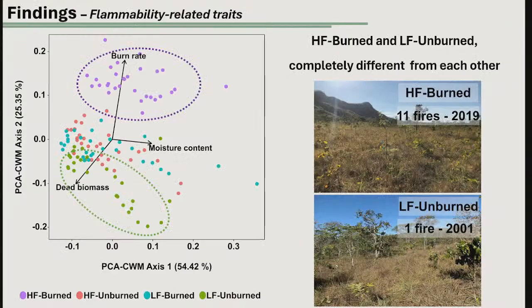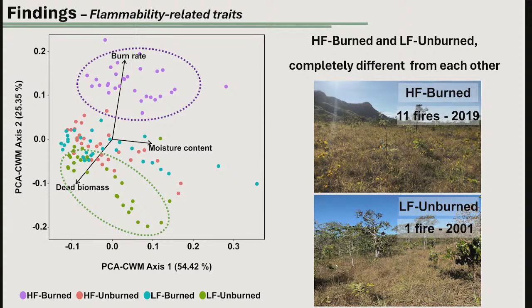So in relation to our findings, we could observe that the high fire frequency area recently burned and the area excluded from fire for more than 20 years were completely different from each other. And when we assessed the PCA axis, we can see this clear separation between these 2 areas.